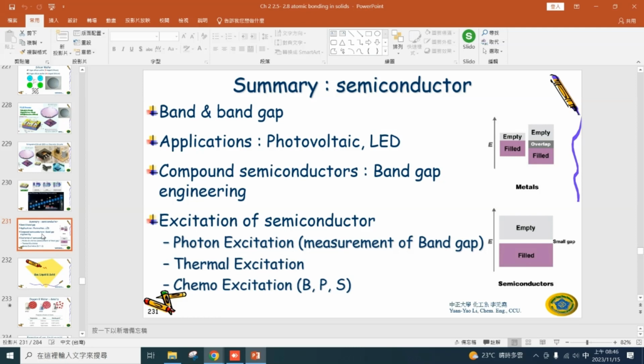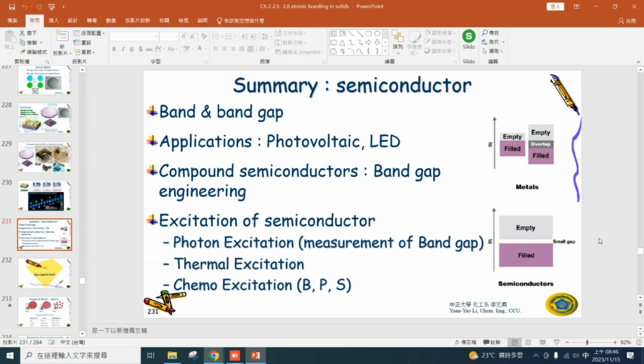Again, before we get started with our lecture today, let's recall what we have learned last week. Last week, we learned semiconductors. I hope you still remember, and we know that there's a band gap between the valence band and the conduction band.